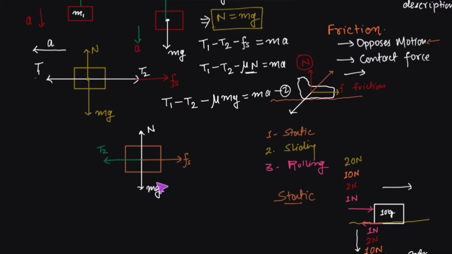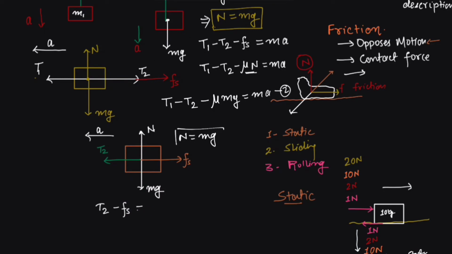Same thing, no net motion in the vertical direction, N is equal to mg. There is a net motion in this direction. The block moves at an acceleration of a to the left side, just like this one. So we would say T2 minus Fs. T2 would be more than Fs.